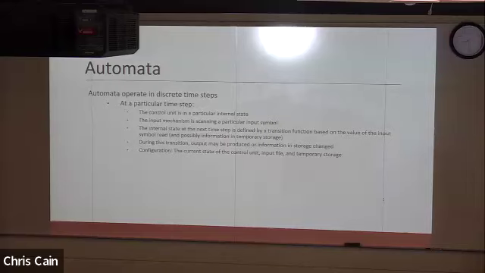Kind of just like the debugger, it's a snapshot in time of this automaton. We can also define a move to just be a transition from one configuration to another. What happens as we move from time t to time t plus 1?